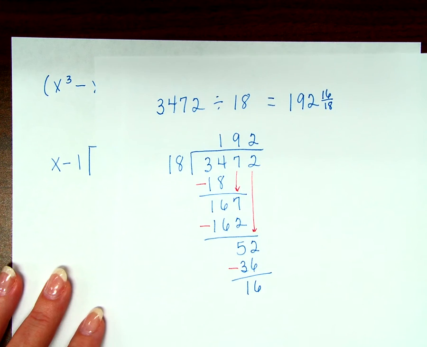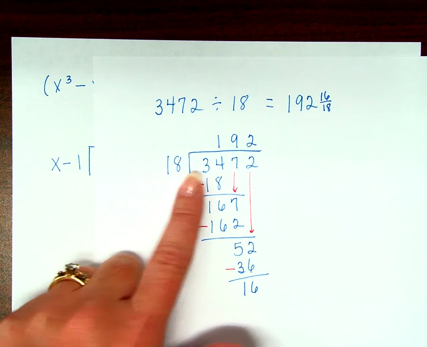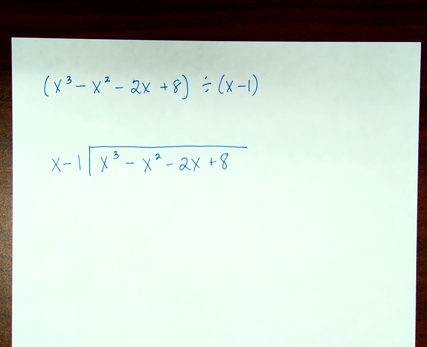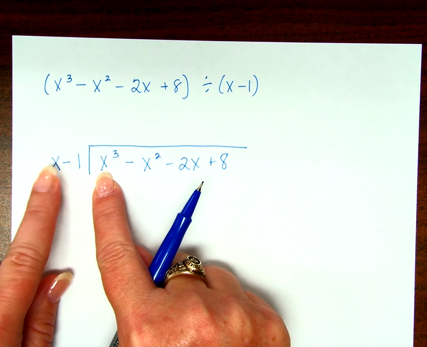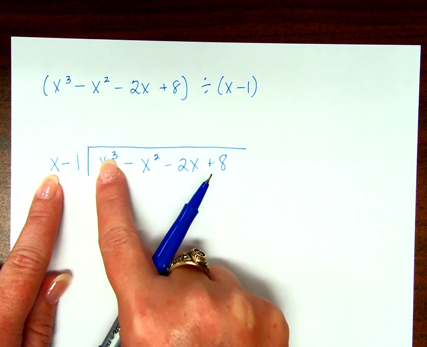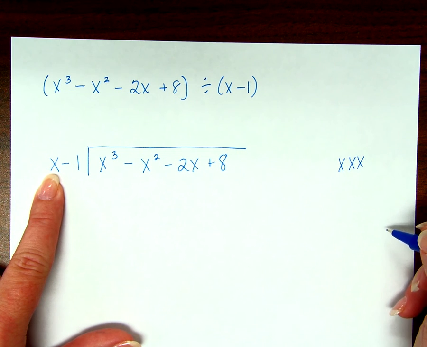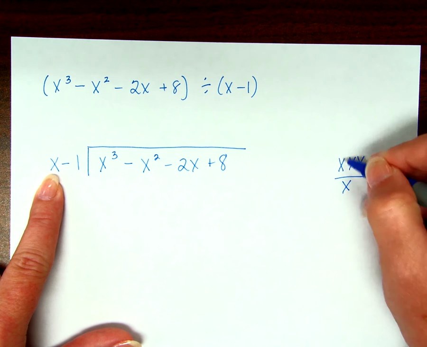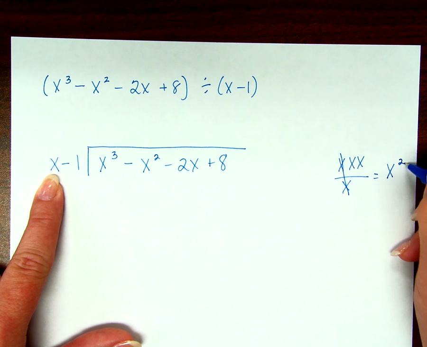What did we do? Yeah, this way is even easier because I just look at these two. How many times does x go into x cubed? Another way to think of it is what is x cubed divided by x? Isn't this same as x cubed divided by x? What's left? X squared, right?